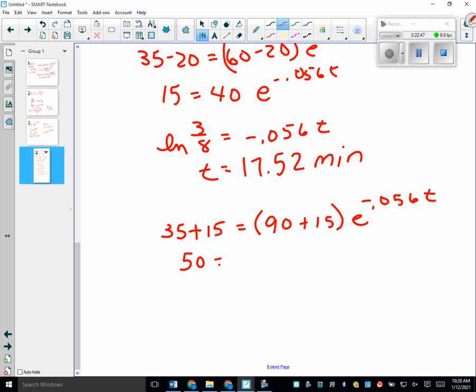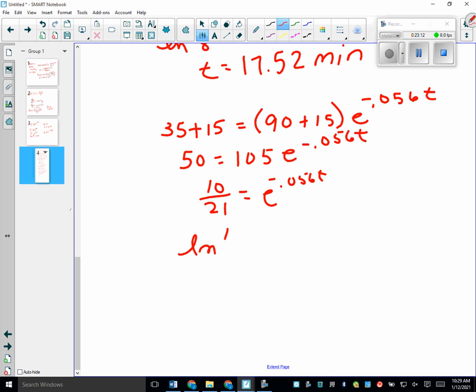So 50 equals 105 e to negative 0.056 t. So ln of 10 over 21 equals negative 0.056 t. What is t? 13.25.